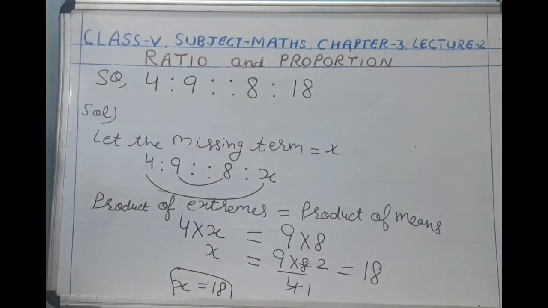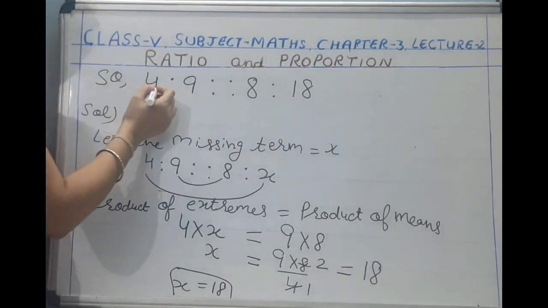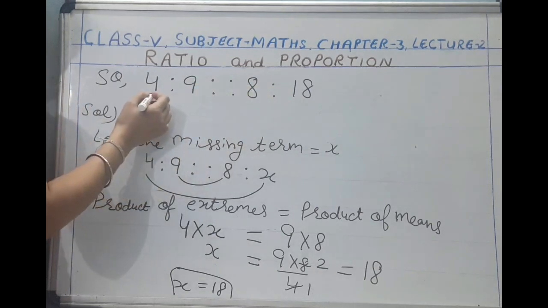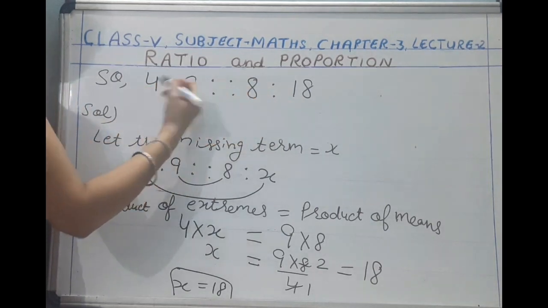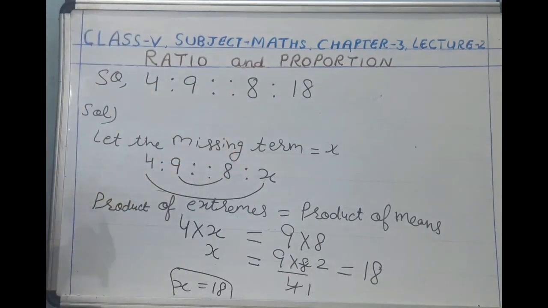Okay. Verify your answer. Is it correct or not? 18 fours are 72, 9 eights are 72. So product of extremes is equal to product of means. So our answer is correct. Got it?